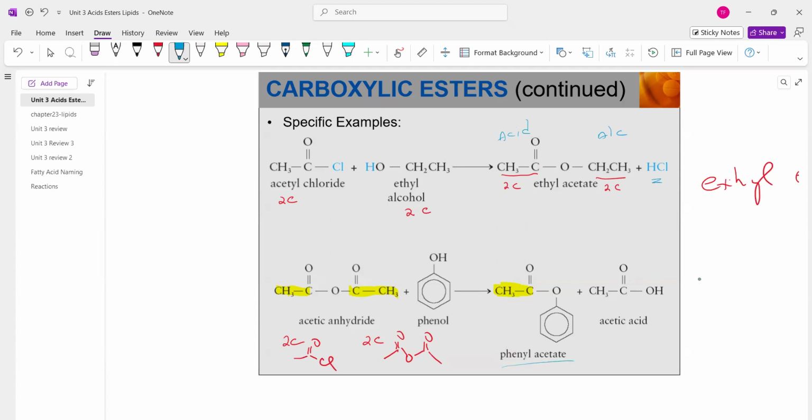So here we have phenyl acetate. Okay, here's the alcohol part. Here's the acid part. 2-carbon. Excuse me, 6-carbon. All right.